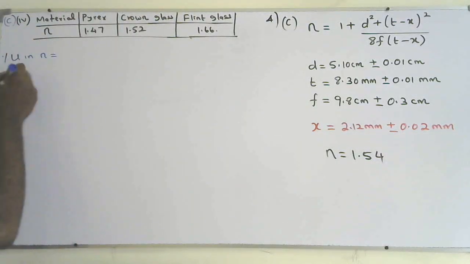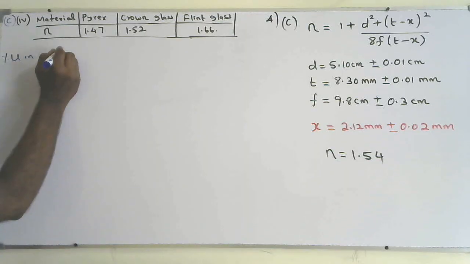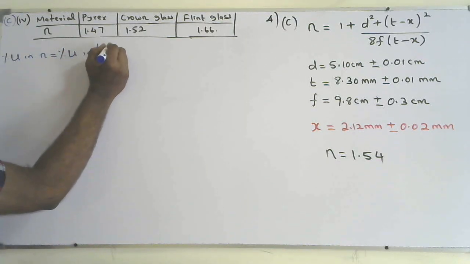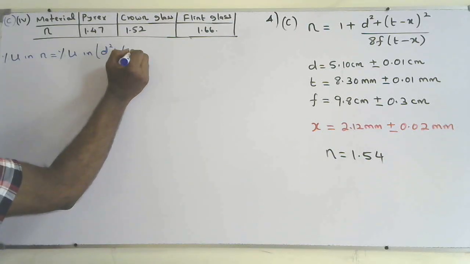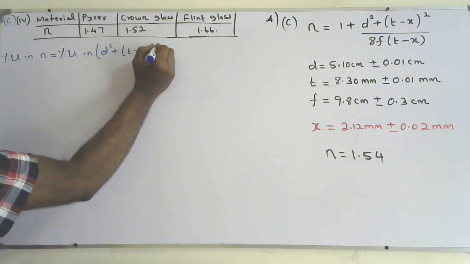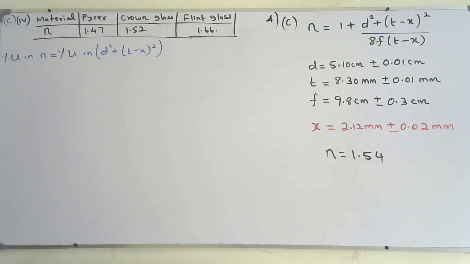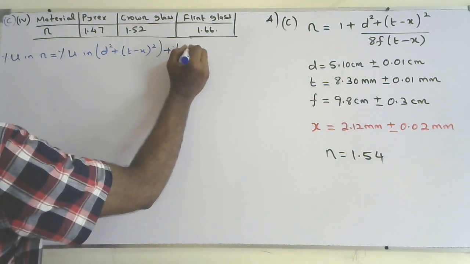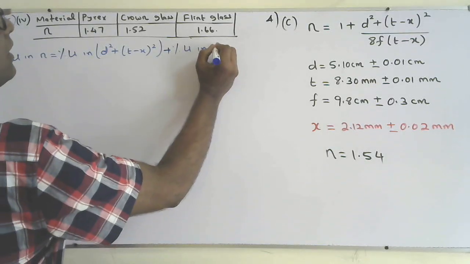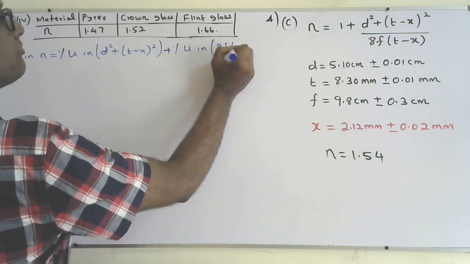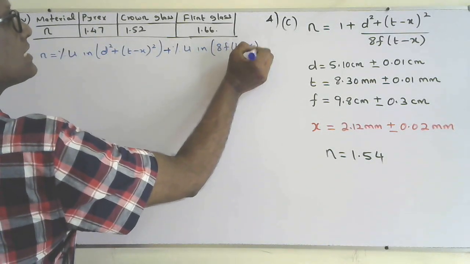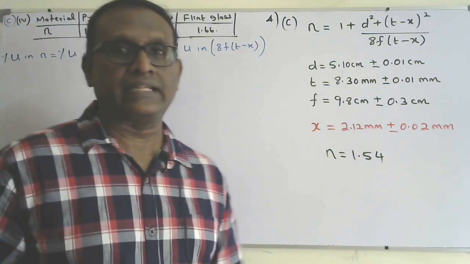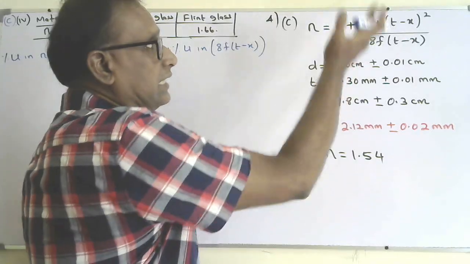So percentage uncertainty in n is equal to the percentage uncertainty in (d squared plus (t minus x) all squared) plus the percentage uncertainty in 8f(t minus x). So I'm going to find the percentage uncertainty of the numerator and denominator.